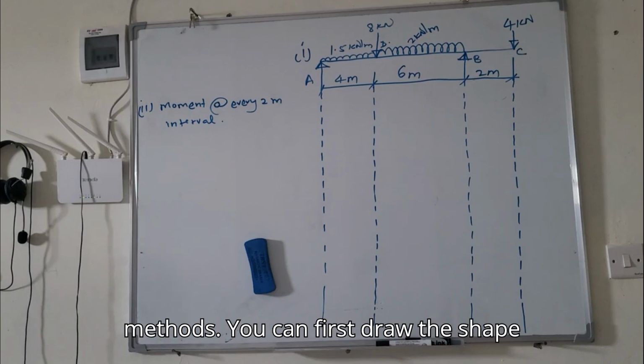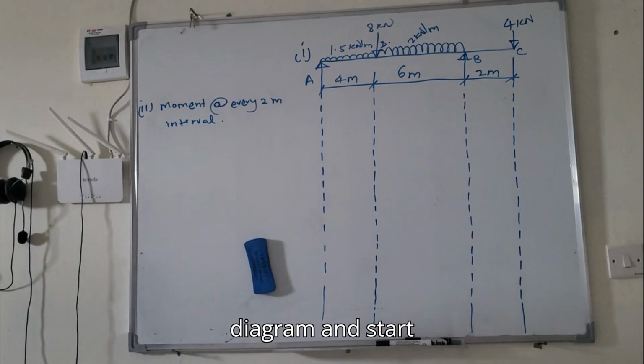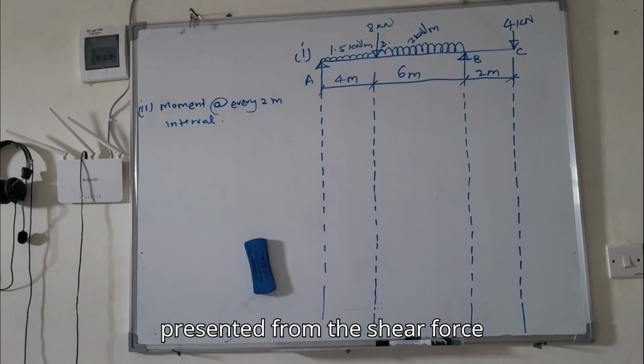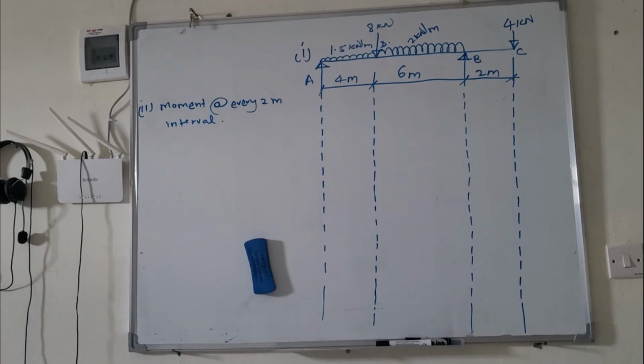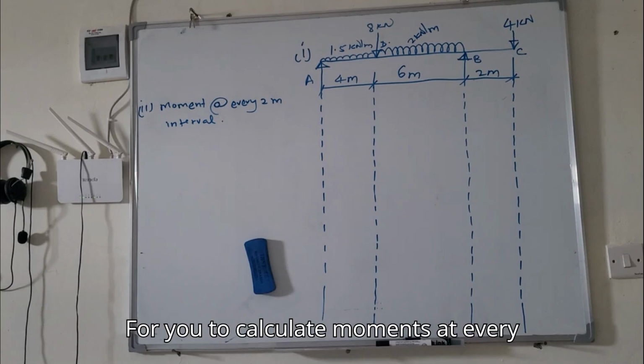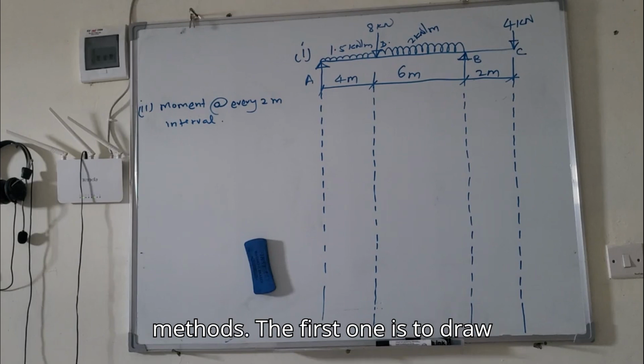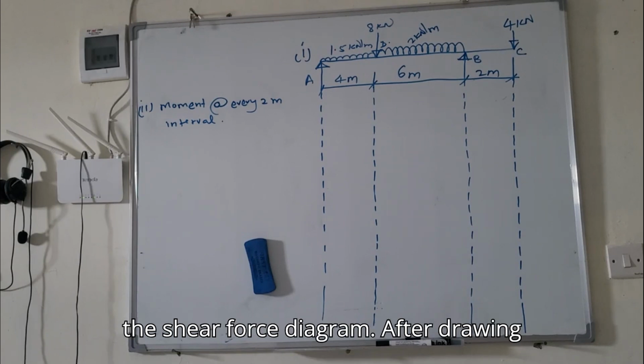For you to calculate moments at every 2-meter interval, you can use two methods. The first one is to draw the shear force diagram.